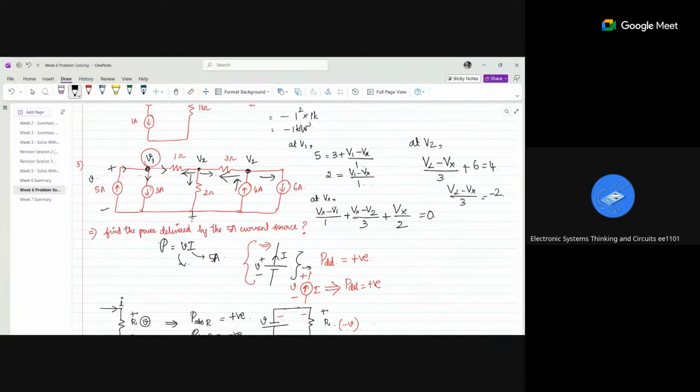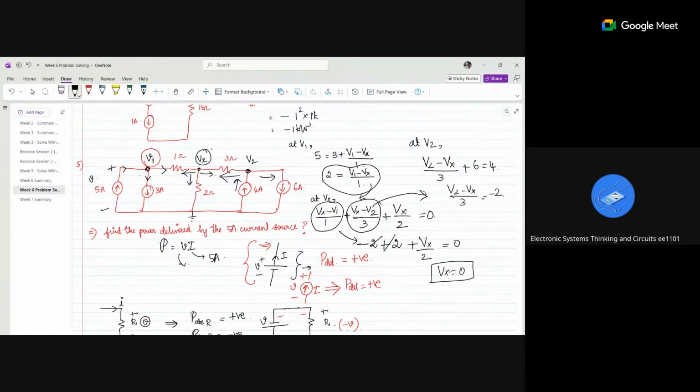So what is the value of this? What is Vx minus V1 by 1? It's minus 2, right? From this equation. And this value is plus 2, plus Vx by 2 equals 0. So Vx is equal to 0.